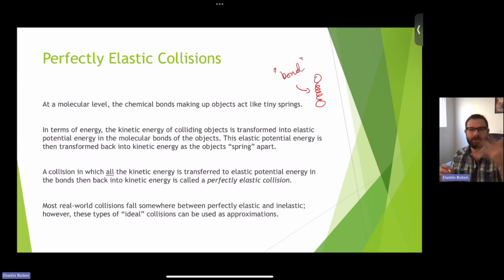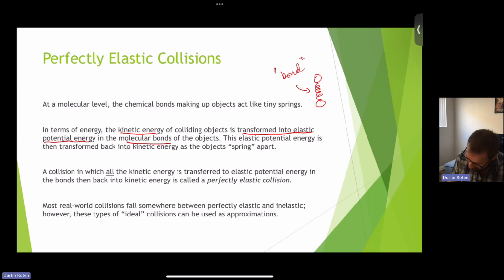It's not an actual spring, but it essentially behaves like one. So in elastic collisions, the kinetic energy of the colliding objects is transformed into elastic potential energy in the molecular bonds.